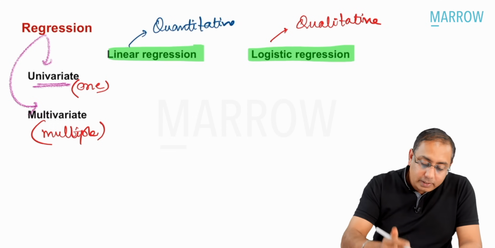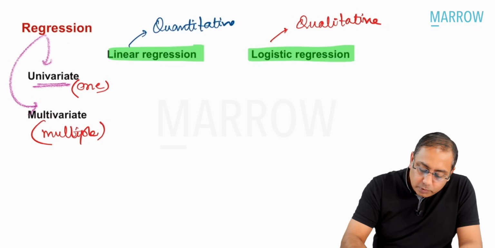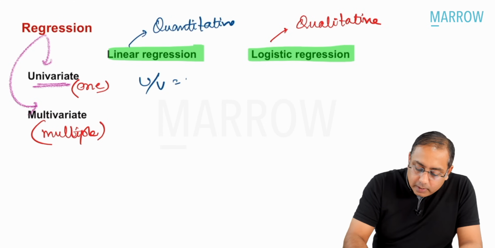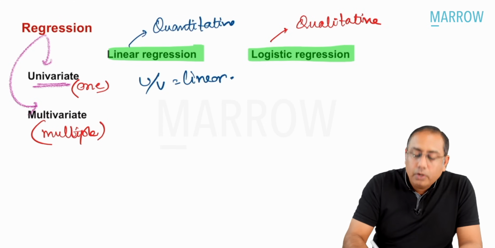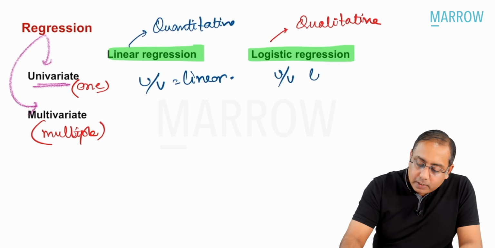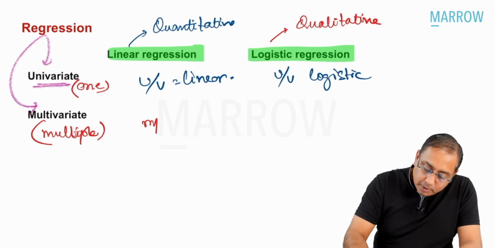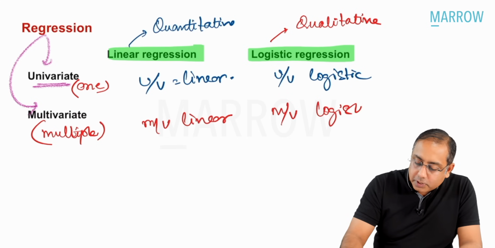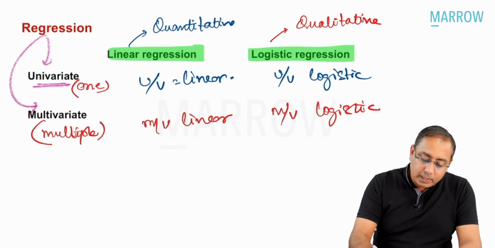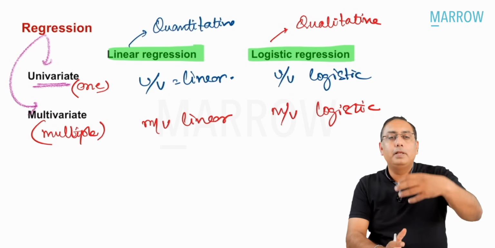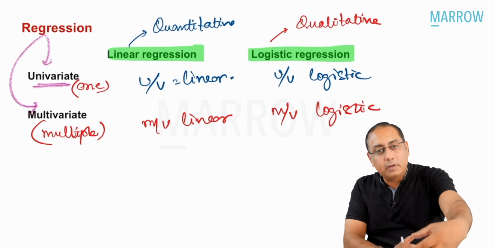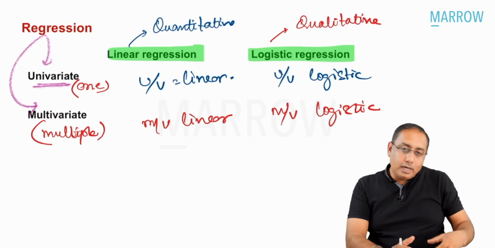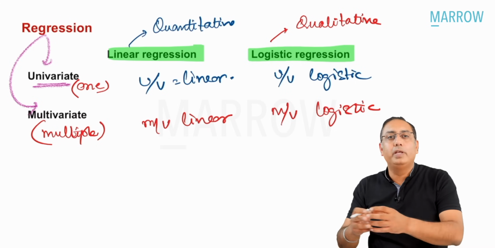So technically the regression could be a univariate linear regression, or it could be a univariate logistic regression. We can also have a multivariate linear regression or a multivariate logistic regression. I hope you can get this. So we can have univariate single variable linear or single variable qualitative logistic, multiple variable linear or multiple variable logistic.